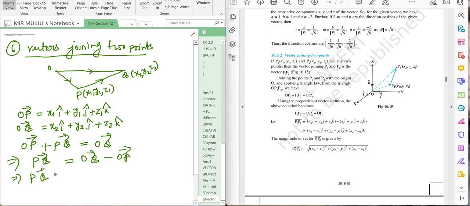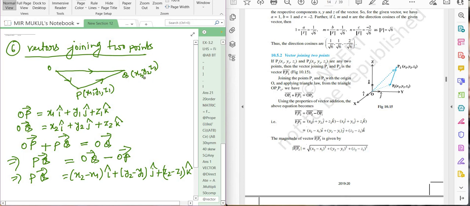Now PQ vector, if you subtract these two, then you will get x2 minus x1 i plus y2 minus y1 j plus z2 minus z1 k. If you want to write what is the direction ratio of PQ, okay, it will be useful in 3-dimensional geometry also. Suppose coordinates of P are x1, y1, z1.